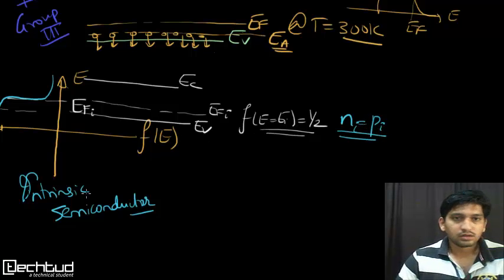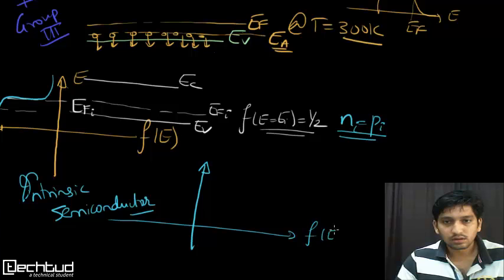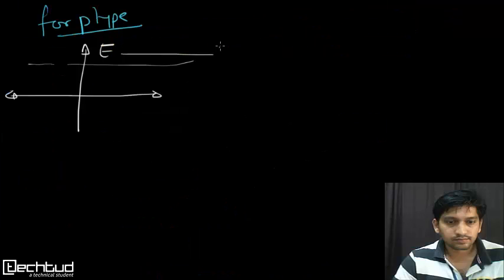Now suppose we see the extrinsic semiconductor and we plot. This is Fe with respect to E, for the extrinsic semiconductor. This is the Fermi level plot.